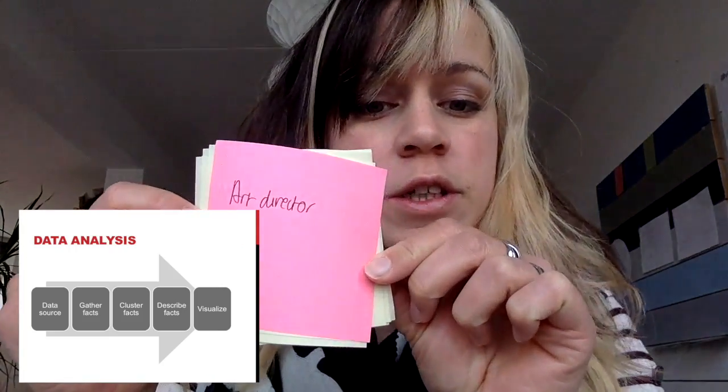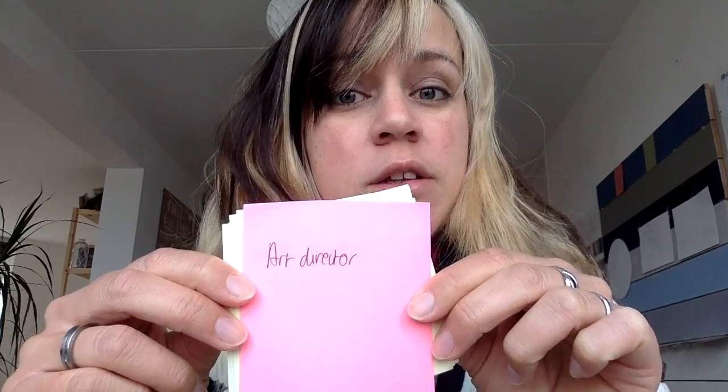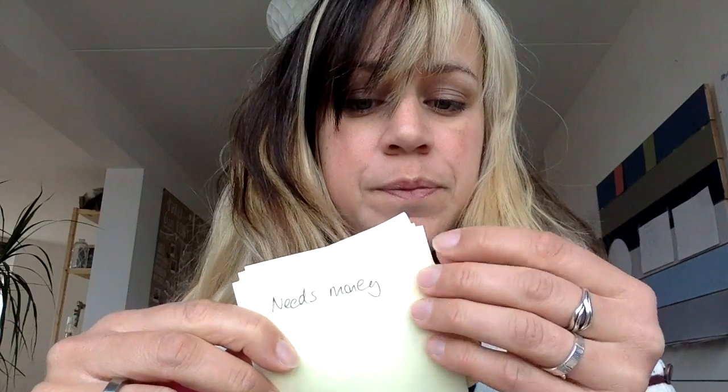Here you see, for example, a post-it note in which I wrote down art director, which was mentioned in the interview. It was the interview respondent himself who was the art director, and he told me that he needs money and that he became cynical. So I wrote all these things down on post-it notes.